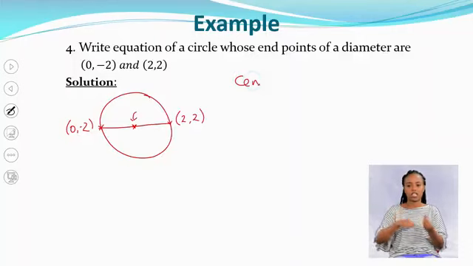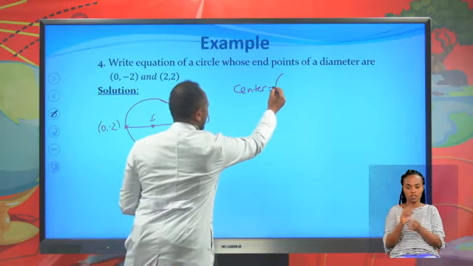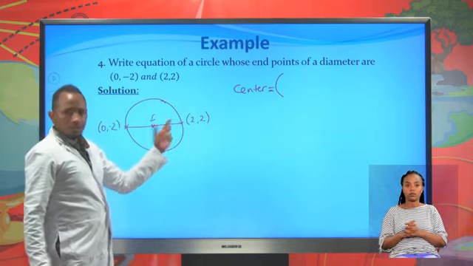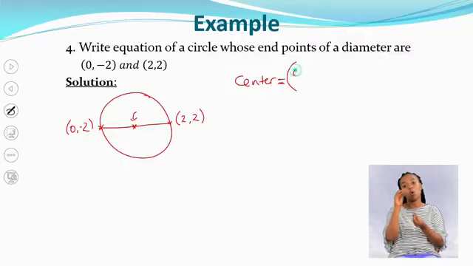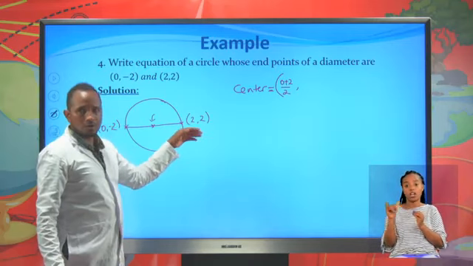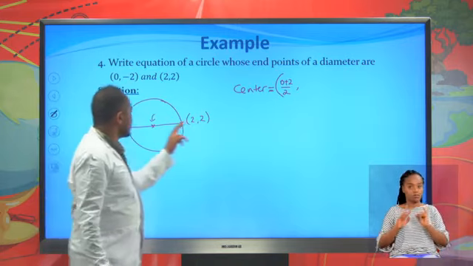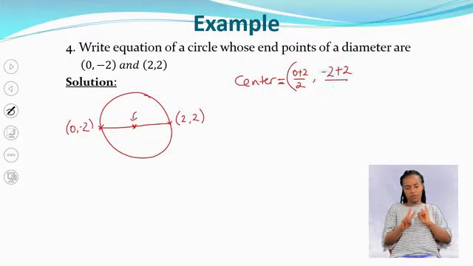Therefore, the center of this circle is the midpoint. Using the midpoint formula, add the x coordinates and divide by 2: 0 plus 2, divided by 2, comma, add the y coordinates, negative 2 plus 2, divided by 2.